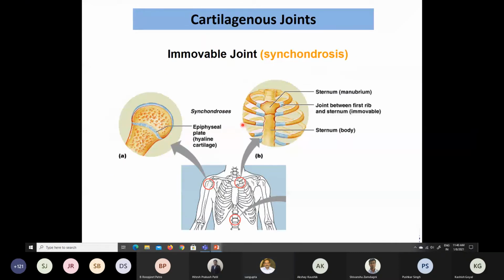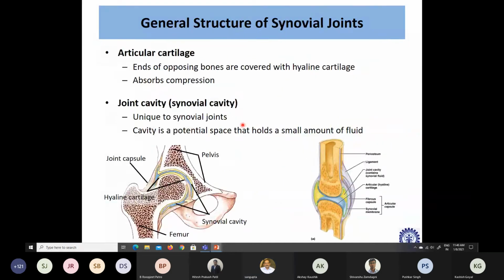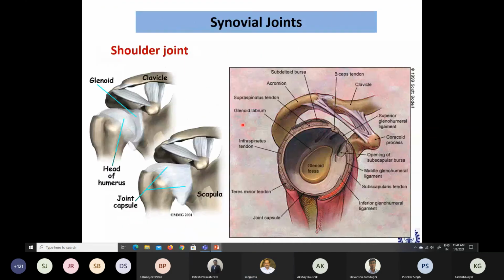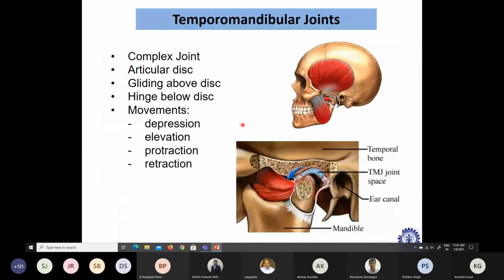Just a moment. Yeah, so temporomandibular joints, I was trying to explain, you can see very clearly here, is a joint that is formed.